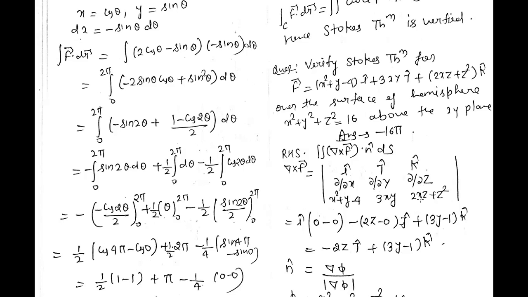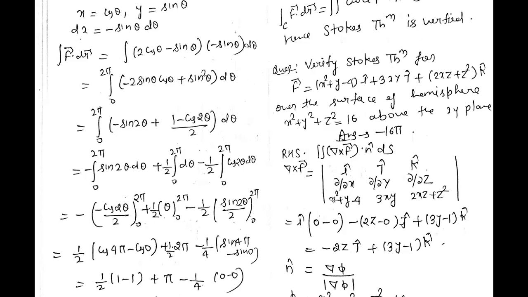So differentiating 2xz with respect to x, you will get 2z, and z square with respect to x, you will get 0 here. Plus k cap, and this row and this column will be deleted. So del upon del x of 3xy, with respect to x differentiation, you will get 3y, minus del upon del y of x square plus y minus 4.